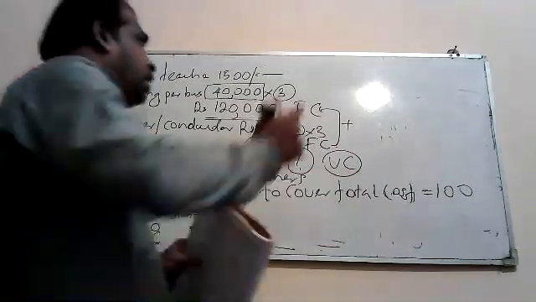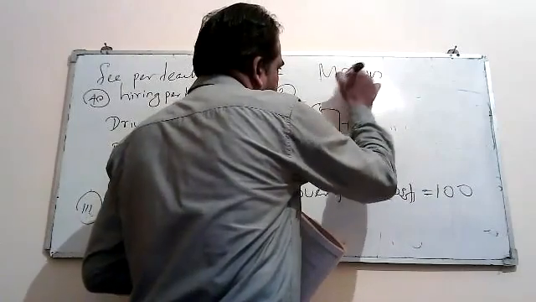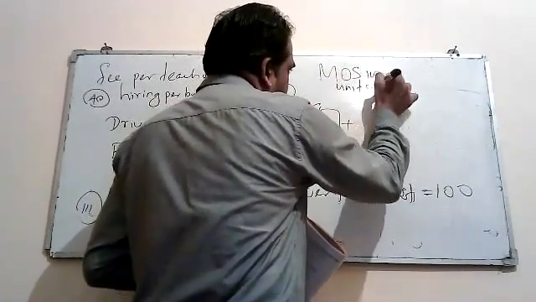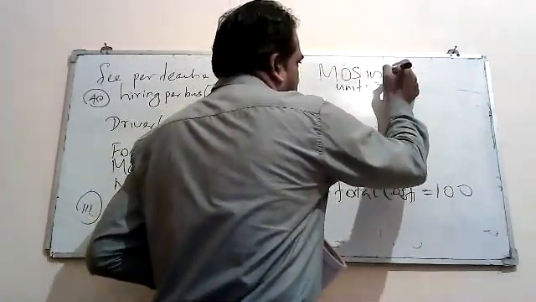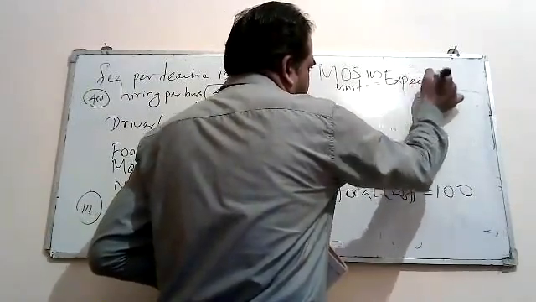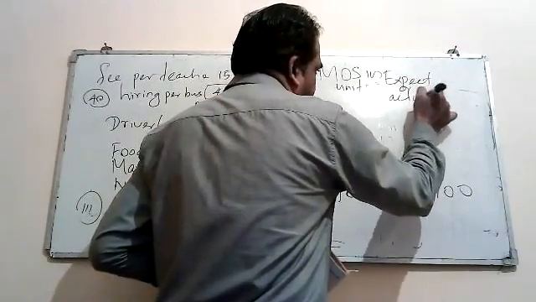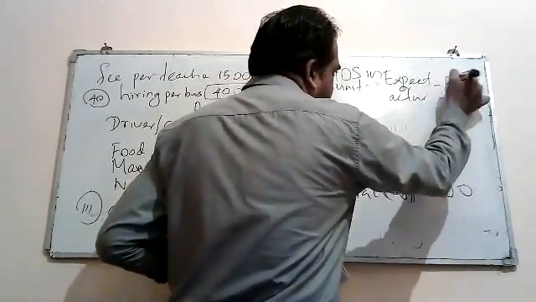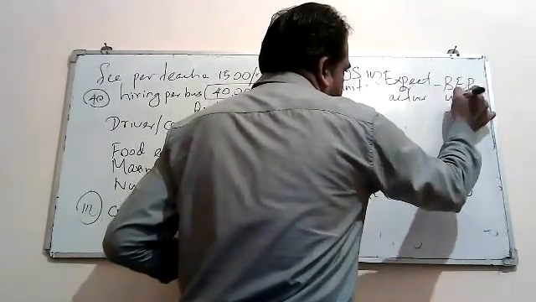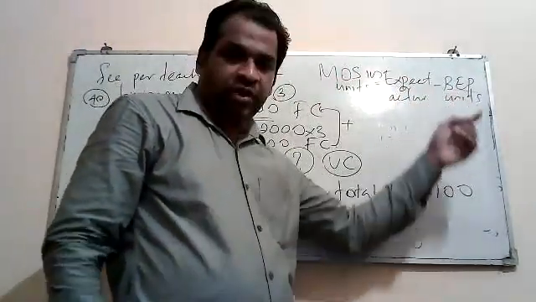Here, MOS in units equals expected or actual units minus BP units.